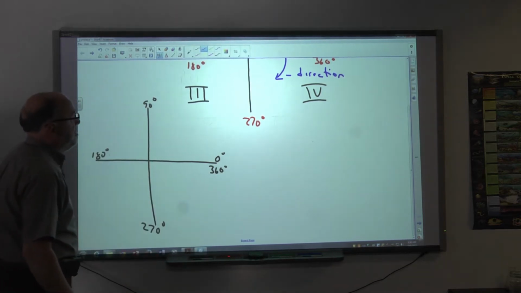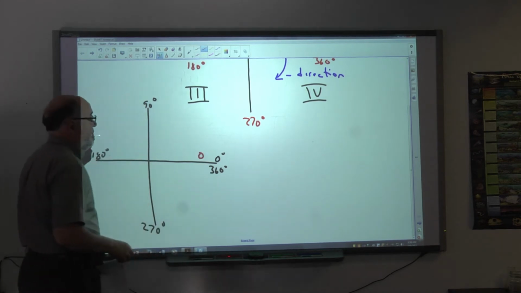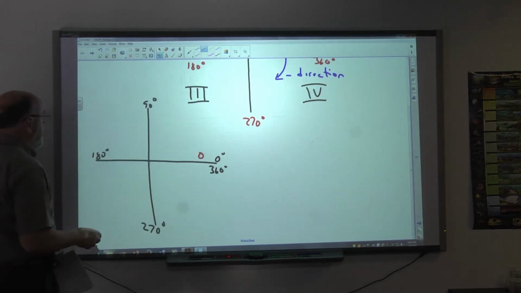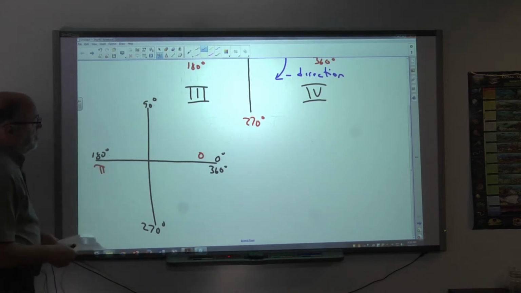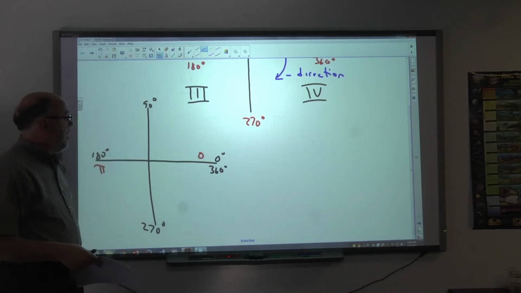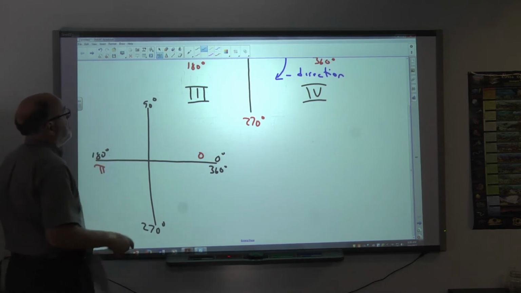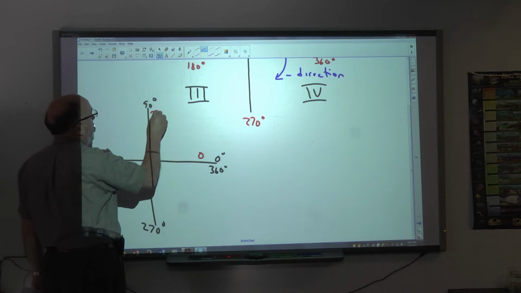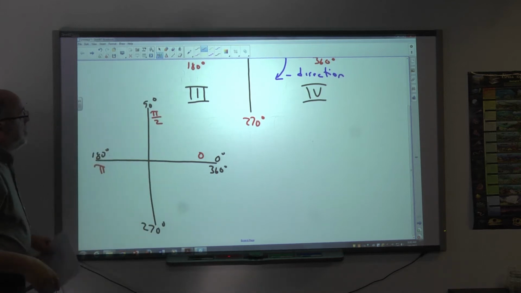Now, 0 degrees is also 0 radians. 180 degrees is taken to be pi radians. So if 0 degrees is 0 radians, 180 degrees is pi radians, then 90 degrees ends up being pi over 2 radians. Right?